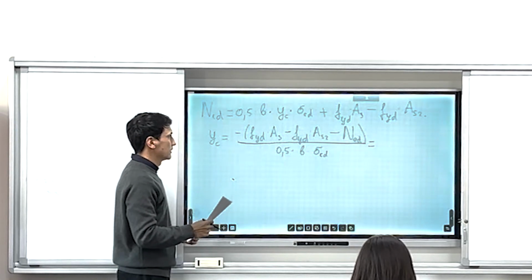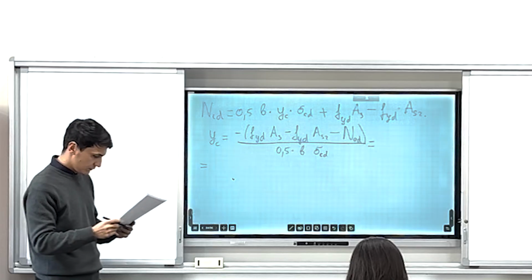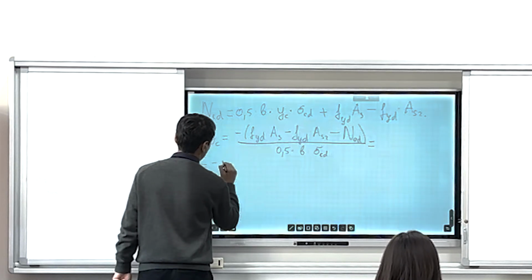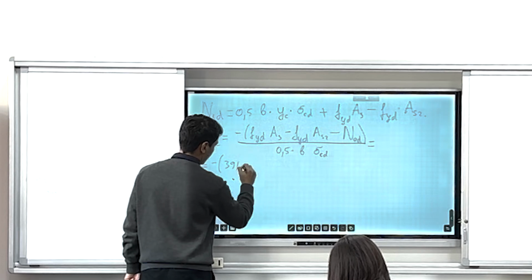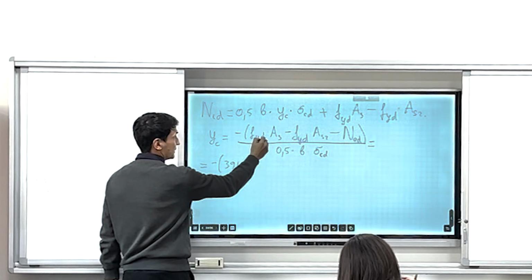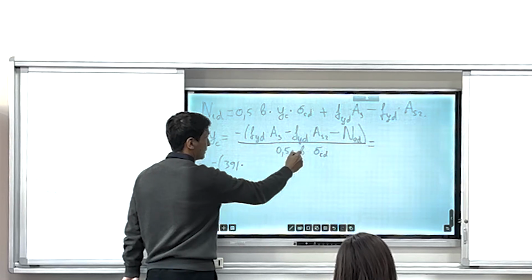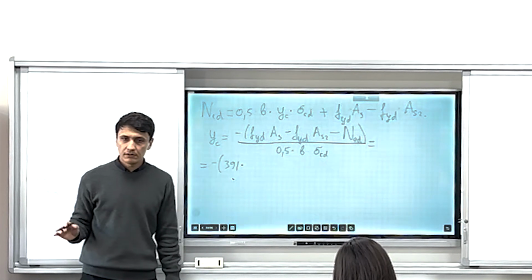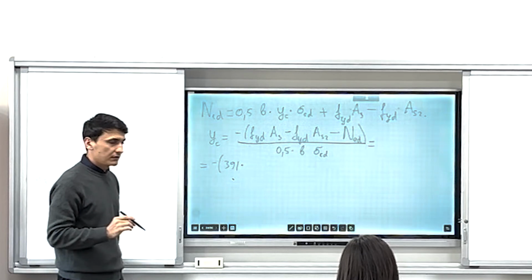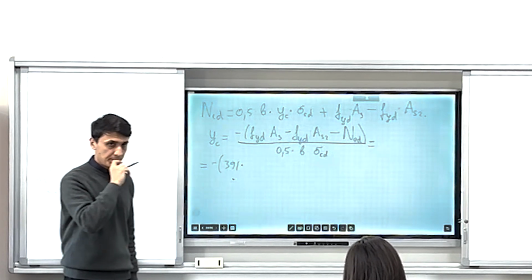Now, what is the value? Let me put some numbers. 391 is Fs1, this is Fs2, this is N, and this is C. You can calculate them separately and write the equation, it doesn't matter. Then the only thing you have to do is to find YC.